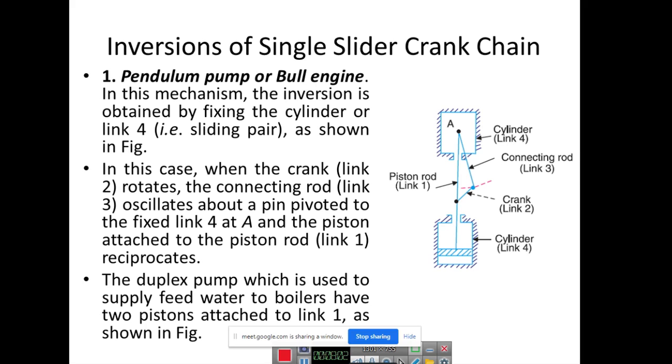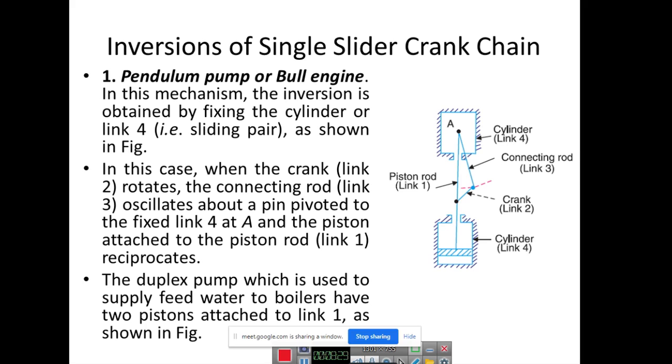You can see the slider itself is fixed, and link 4, this cylinder, is fixed. When the crank rotates, the connecting rod oscillates about a pin pivoted to the fixed link 4 at A, and the piston attached to the piston rod, that is link 1, is going to reciprocate.